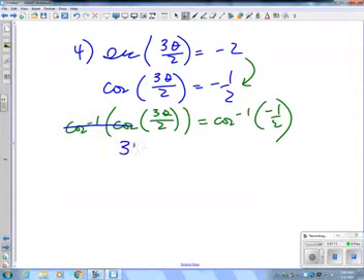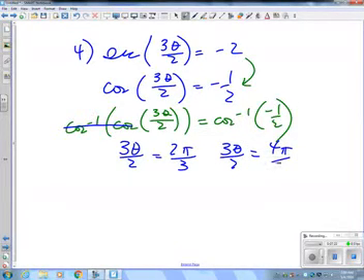So these cancel, give me 3 theta over 2 equals, and again, it happens to be the same two numbers, 2 pi over 3, and 3 theta over 2 equals 4 pi over 3. And don't think it's those same ones all the time. It just happens to be I picked a lot of problems that have the same thing.